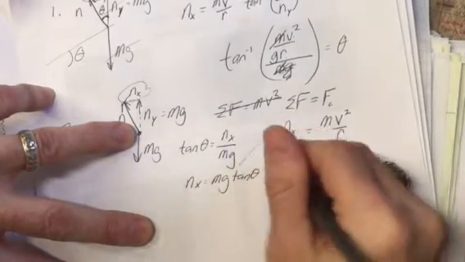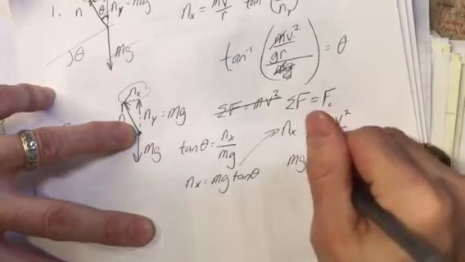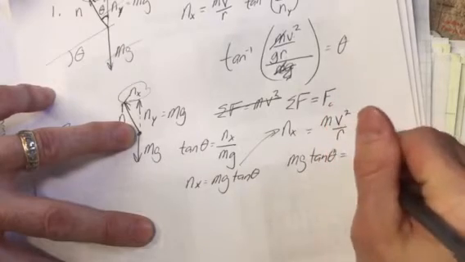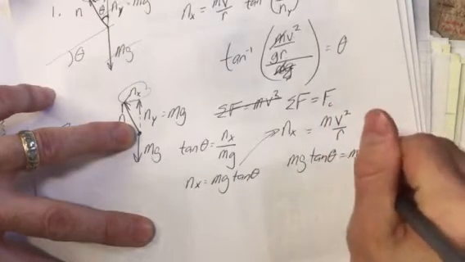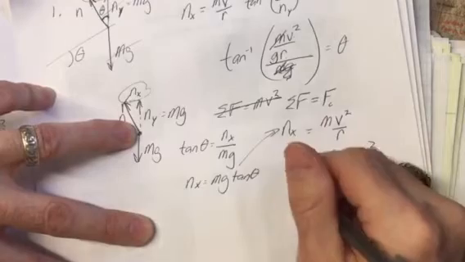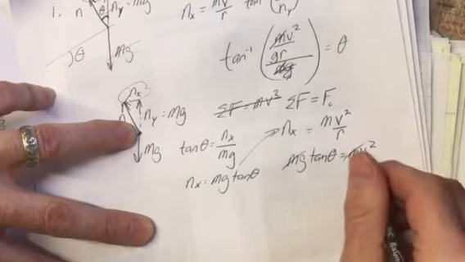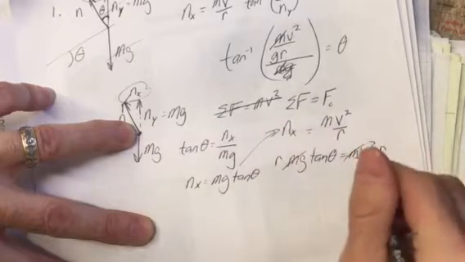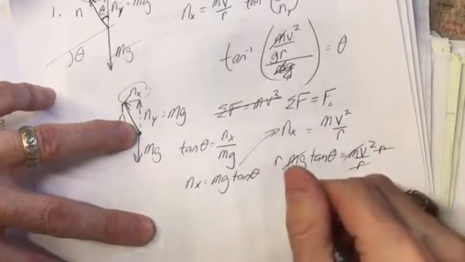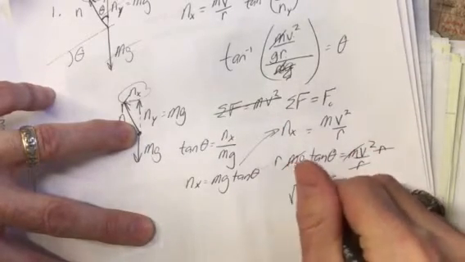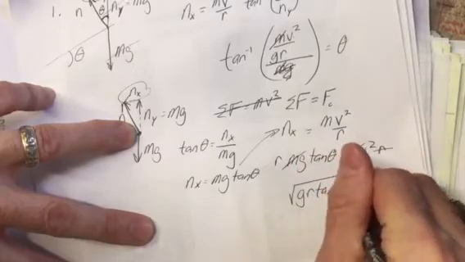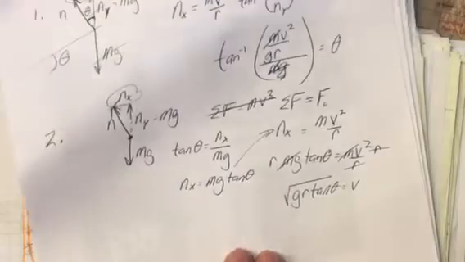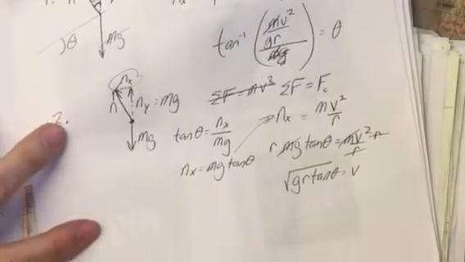We will substitute that in here. So mg tangent of theta equals mv squared divided by r. And the m's cancel out, and we're trying to solve for v, right? So we'll multiply both sides by r, and then we'll take the square root. So we get the square root of g r tangent theta equals v. Again, I'll trust that you guys can operate a calculator to do that.